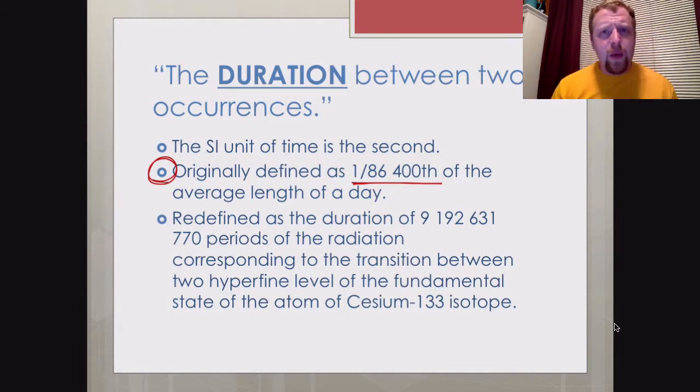So that's how we do things as scientists. That's how time is defined. It's really kind of crazy. You really just need to know that it's the duration between two occurrences. Now remember, this is at the top, so it's something that you should probably write down and remember.